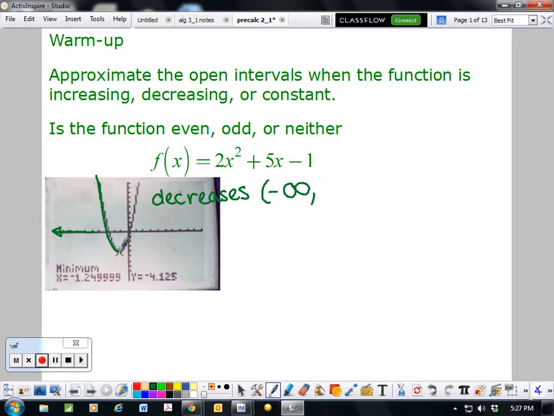Our graph is decreasing until it hits that minimum point, where our minimum value is negative 1.25. Then, once we hit that minimum, we are now increasing. It starts at that minimum value of negative 1.25 and goes on for the rest of the graph, which is into infinity.